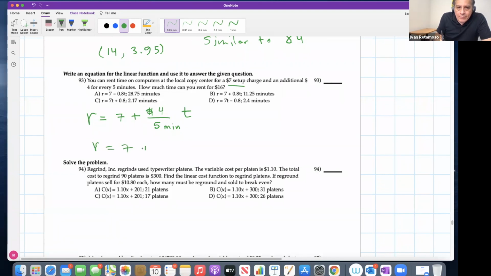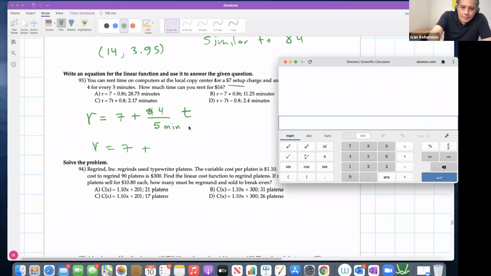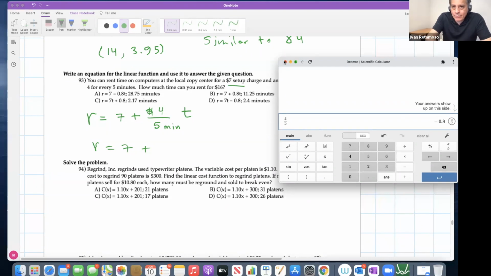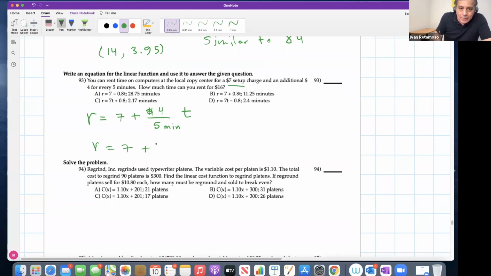So 7 plus what? What is 4 divided by 5? Let's find out. 4 divided by 5 is 0.8, 0.8 dollars per minute, right? $0.8 per minute multiplying by the number of minutes should give you the total cost associated to the minutes that you rent the computer. So this is the rental function, right?